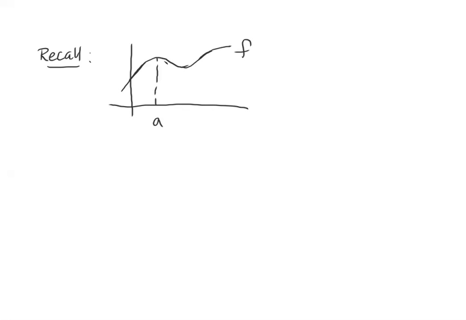You might recall that if I want to find this area, say I'm given some function f that looks something like that, and I take some interval from a to b, and I want to find the area of that region, let's just call the area A. Then I can use a definite integral to find it.